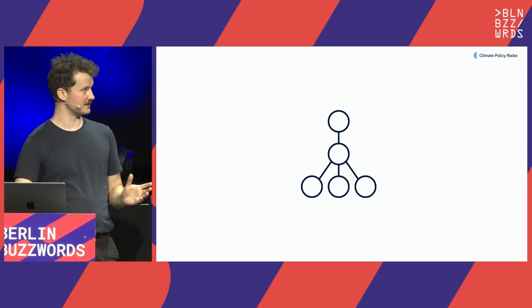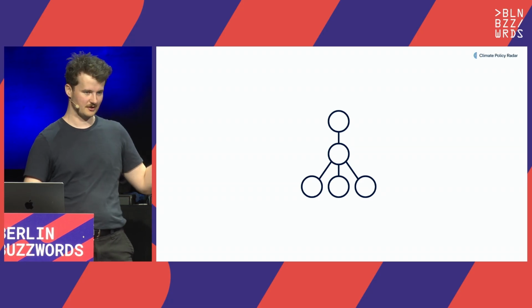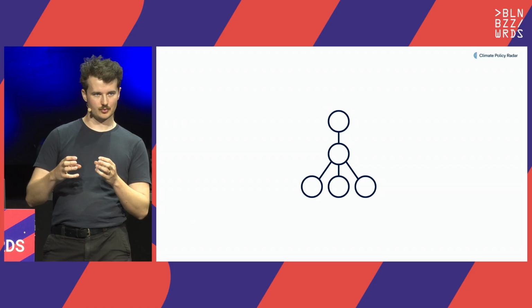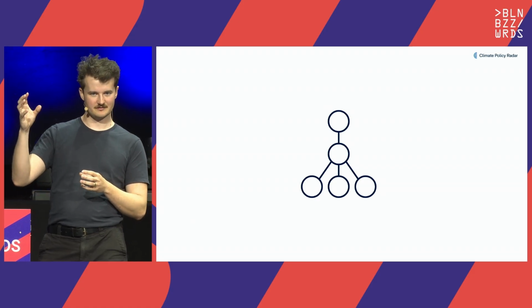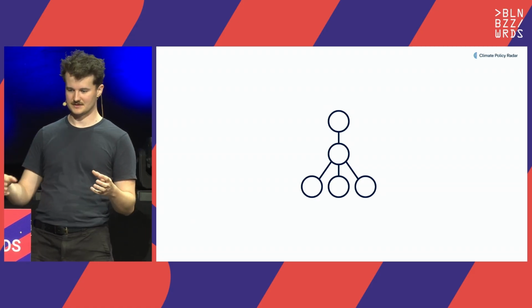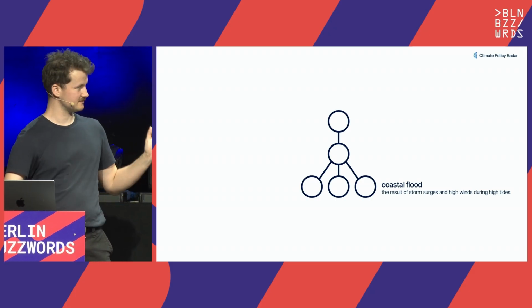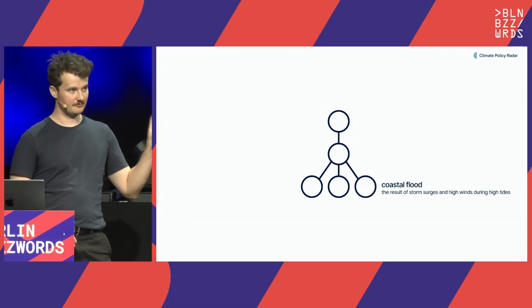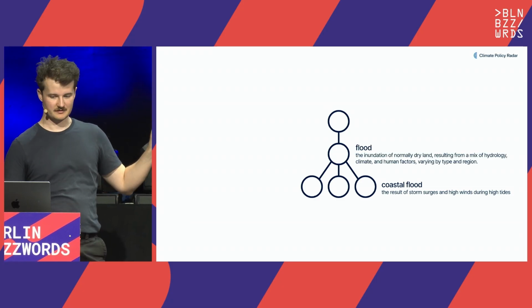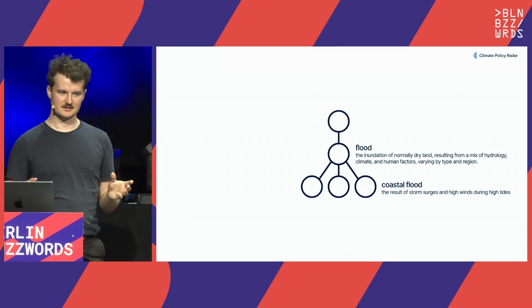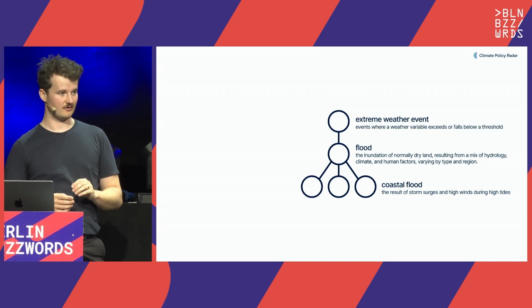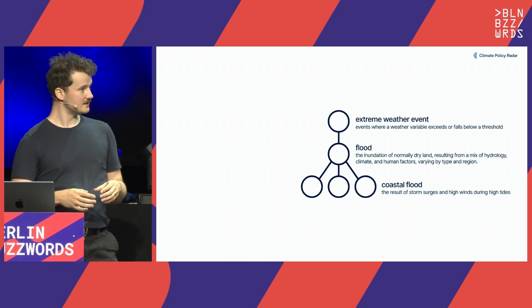A very simple way of illustrating this is to add some hierarchy to those concepts and say that there are broader versions of the concept of flood or more specific versions. So we might mark this subconcept as being a coastal flood, and we can say that every mention that we detect of coastal floods is also an instance of a flood, and every instance of a flood is an instance of an extreme weather event.